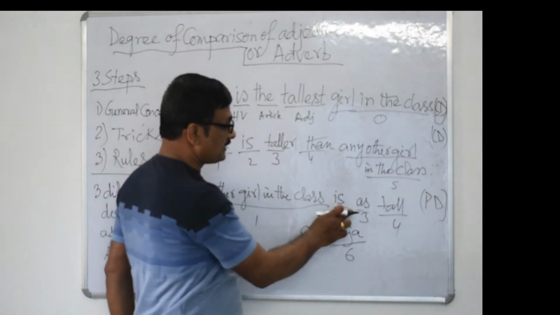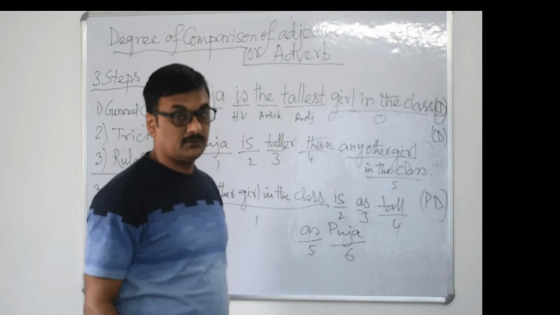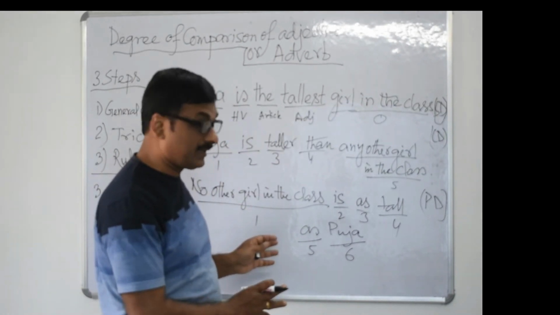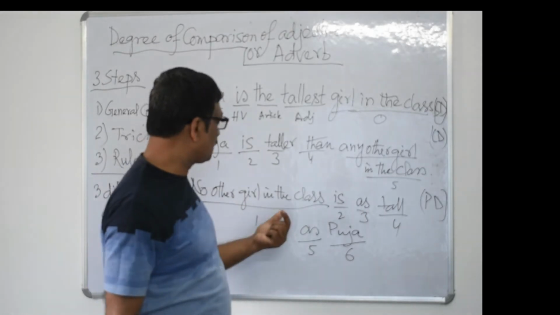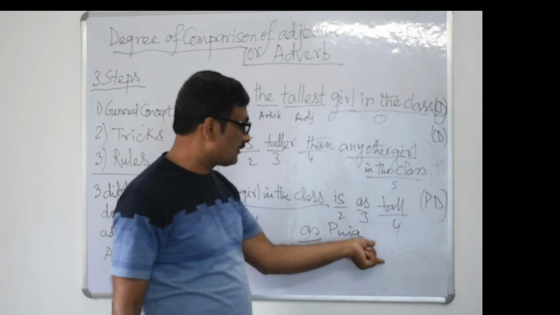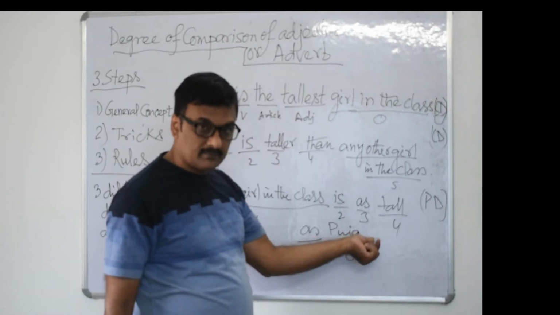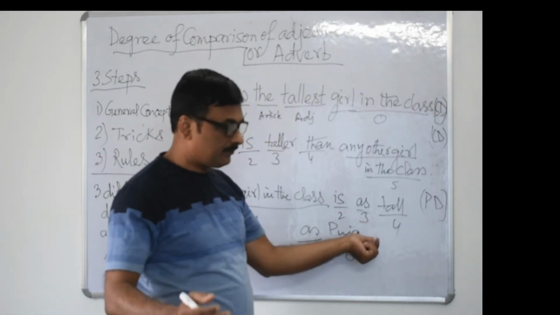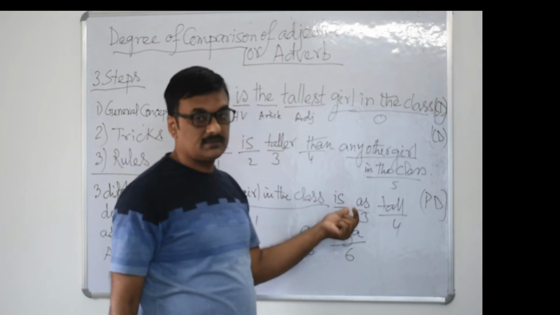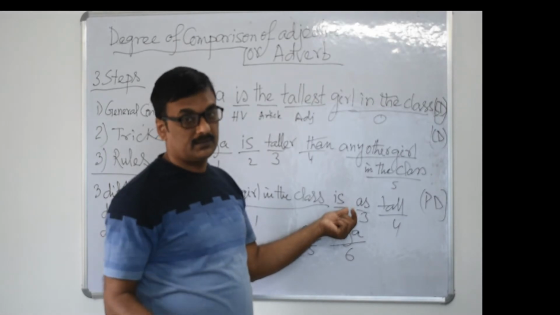Here if the verb agrees, then the same verb is used, but the actual configuration of this sentence is: no other girl in the class is as tall as Pooja is. But as the same verb comes here, we need not write it. Once if we write "is", it will be enough.